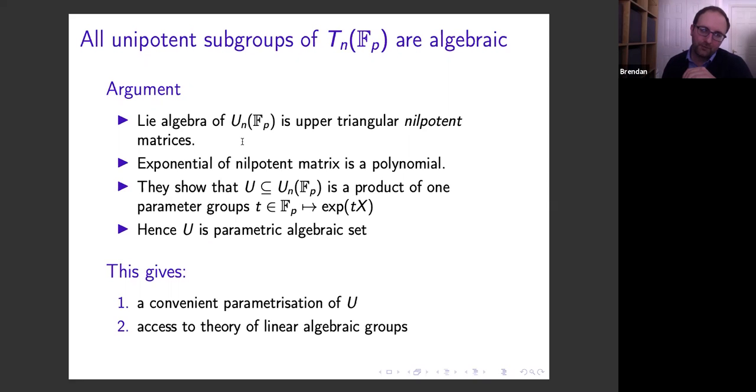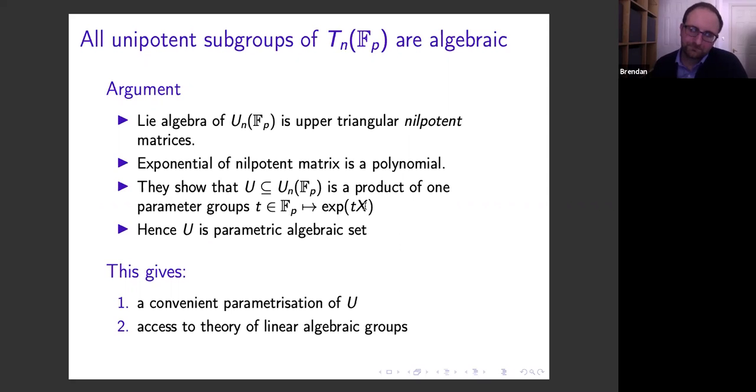And so if you have an arbitrary unipotent subgroup, Gill and Helfgott show that that unipotent subgroup is the product of all one-parameter groups that are contained within it. And these one-parameter groups come from exponentiating a single element in the Lie algebra. Again, this is a polynomial map because this series terminates after n terms.